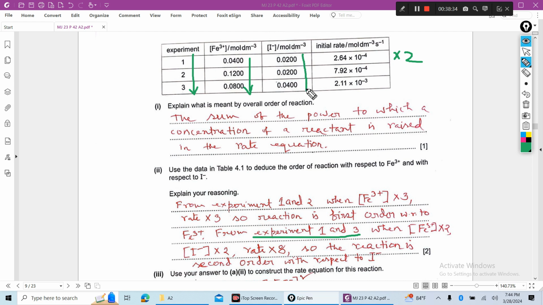And the concentration of iodide ion doubled, rate should be 2 times for first order, but rate increases 4 times. So when iodide ion doubles, rate increases 4 times. So the reaction is second order with respect to iodide ion.